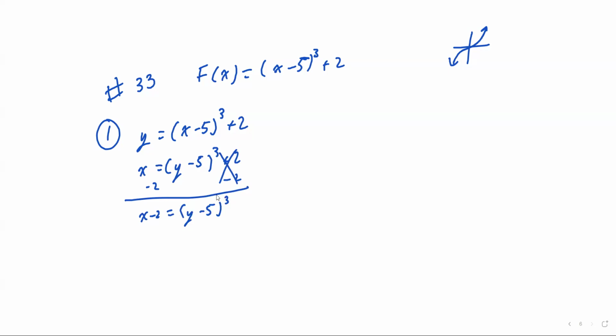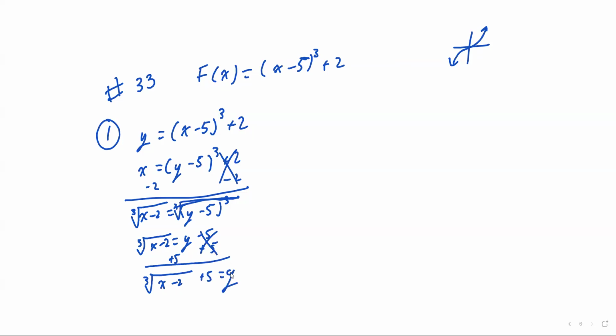And then the inverse of cubing is the cube root. It's slightly different from a square root. You do not need a plus or minus. So it would just be the cube root of x minus 2. And then I'm just going to add 5 on the outside of the function. So I get the cube root of x minus 2 plus 5 equals y.